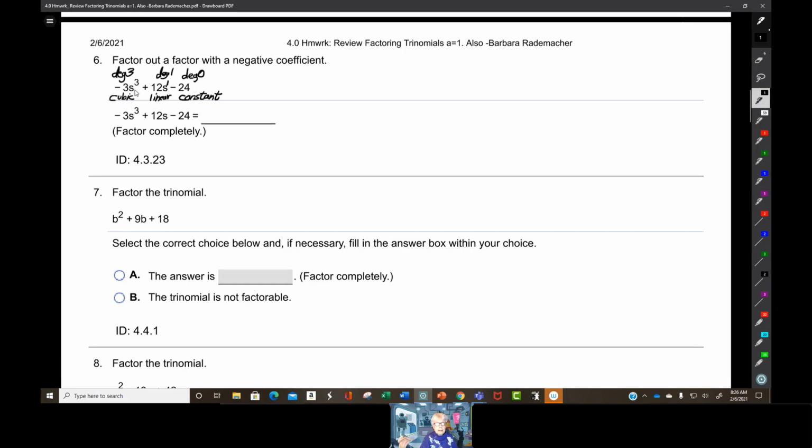So -3s to the third is the leading term. Leading term, -3s to the third, and the leading coefficient is -3.